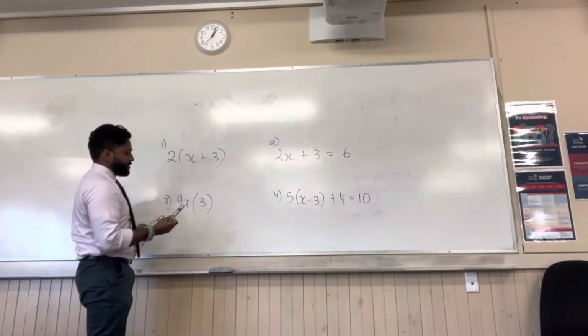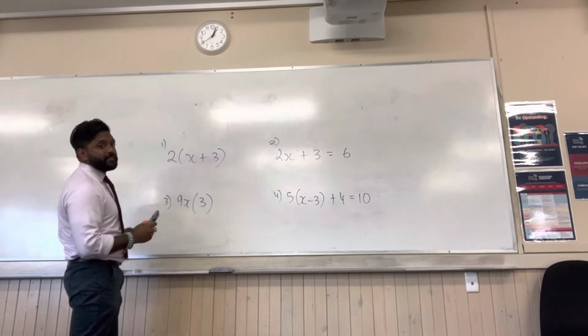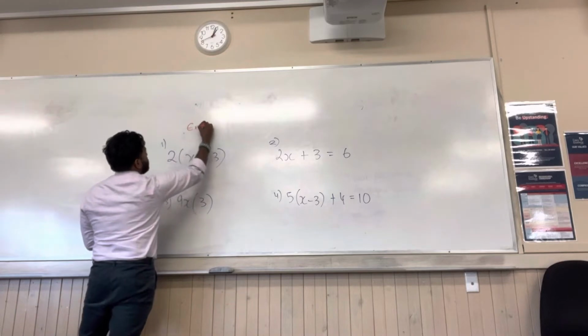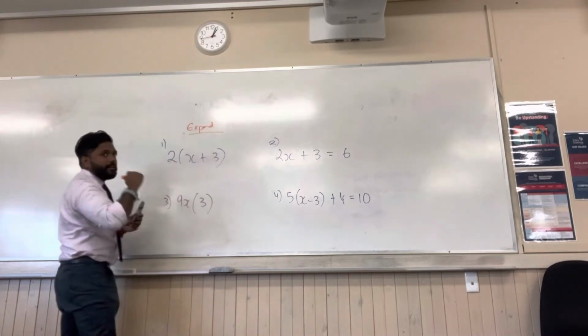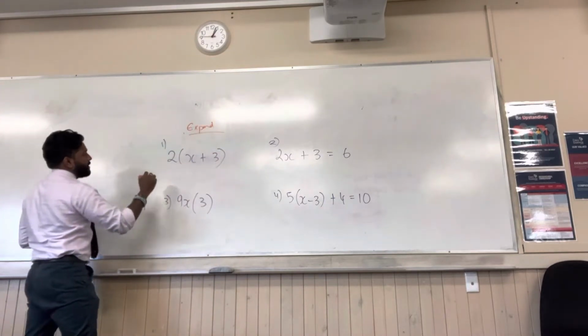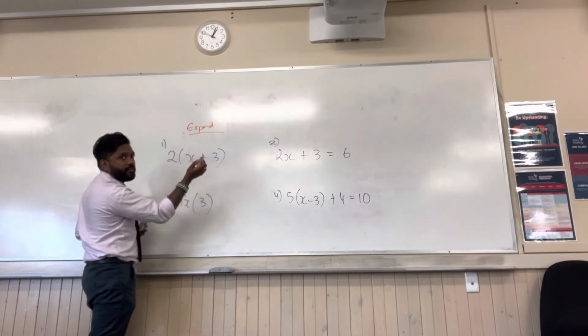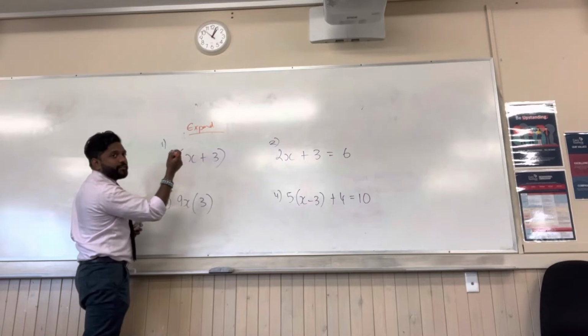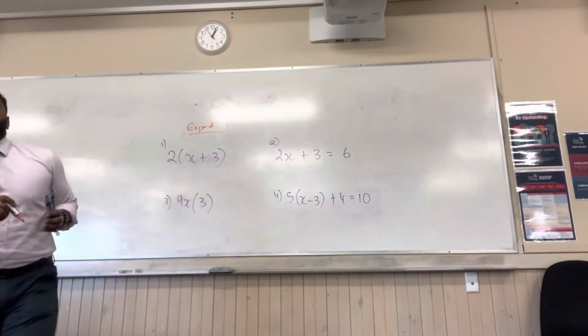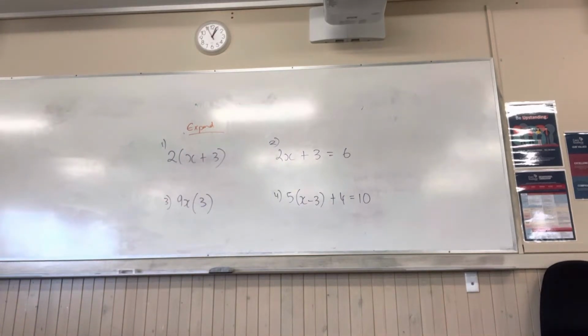All right. So here, what are you going to do in this question? What's the first step you're going to do to expand this? The question says expand. What are you going to do in this scenario? If you're struggling to understand this topic, what do you draw? What's the first thing you're going to draw in this scenario? Have a think about it. What's the first thing you're going to draw in this example?